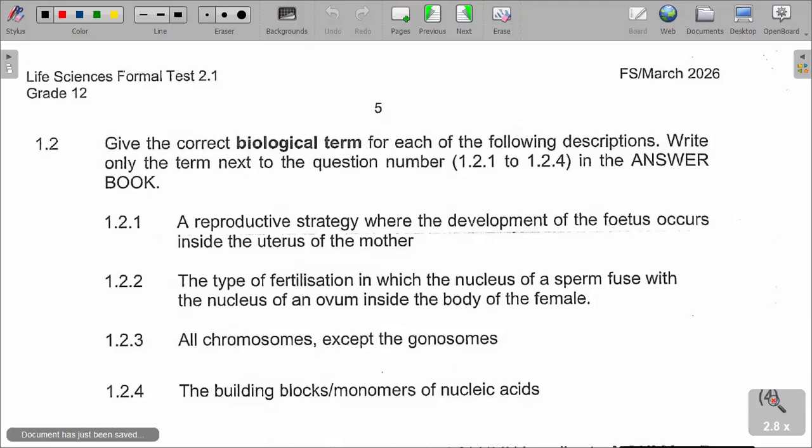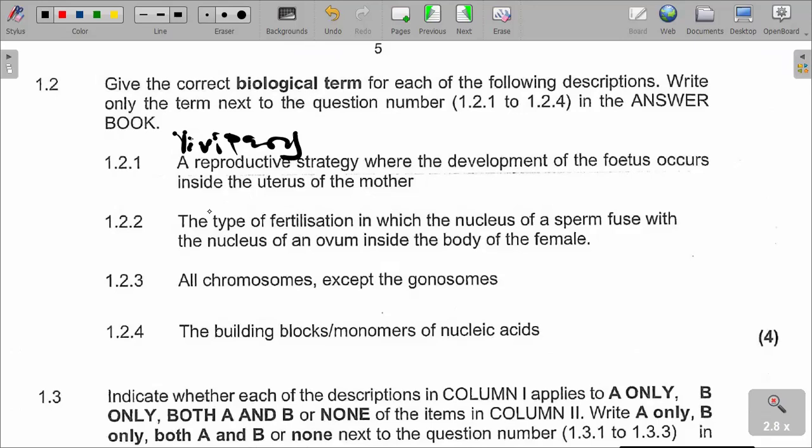Vivipary is where the embryo or fetus develops inside the body of the mother, eventually leading to live birth. So it is vivipary.